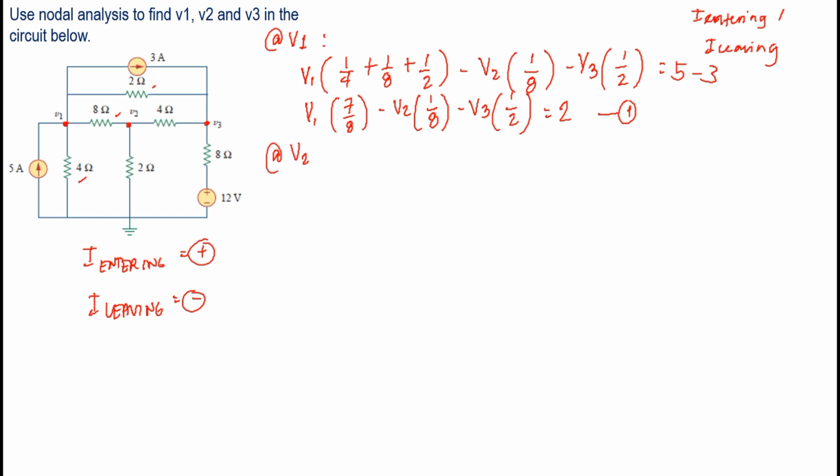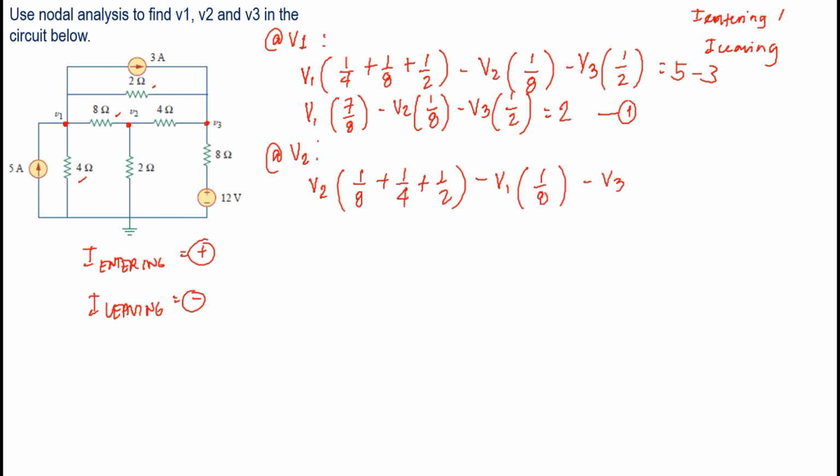For node V2, let's just write V2 so that you will focus only on this node. So V2, connected resistors are 1 over 8, 1 over 4, and 1 over 2 also. Then look for the nodal voltages that have a common resistor. In this case, we have V1, common resistor is 8.